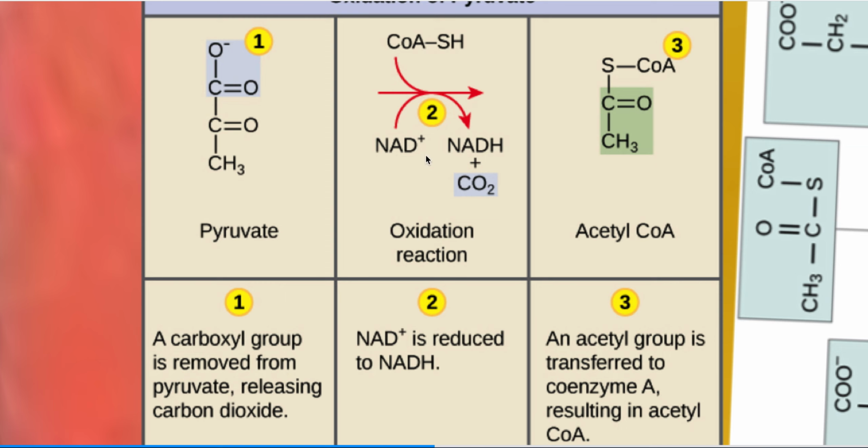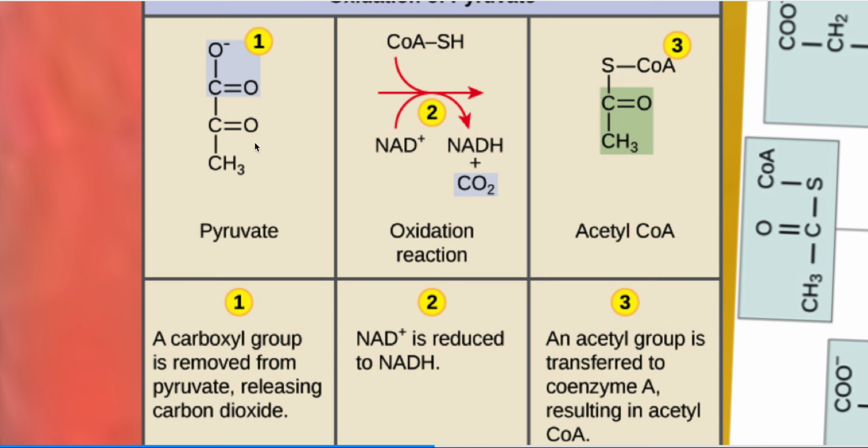So what happens is, as the pyruvate gets moved across the membrane, we're going to lose a CO2. The carbon dioxide is going to bubble off and get eliminated from the body. We're going to harvest an NADH, and we're going to attach that coenzyme A to that acetyl group. So you wind up with acetyl-CoA.